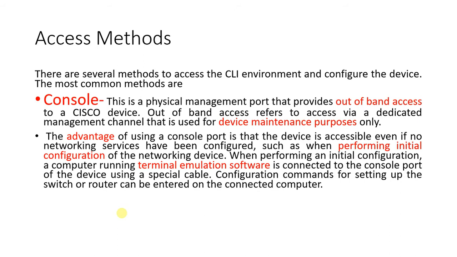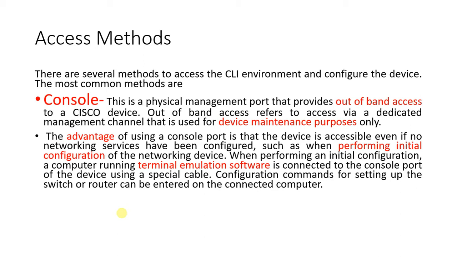There are different methods with which we can access the CLI environment. First is console. For example, you have bought a device, a switch or a router, and that device is new, and you have to configure it. For initial configuration of any networking device, we need to use the console access method.